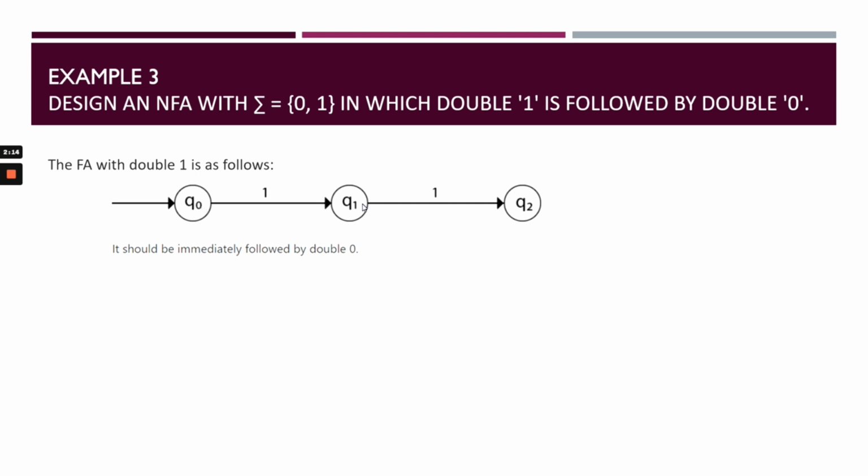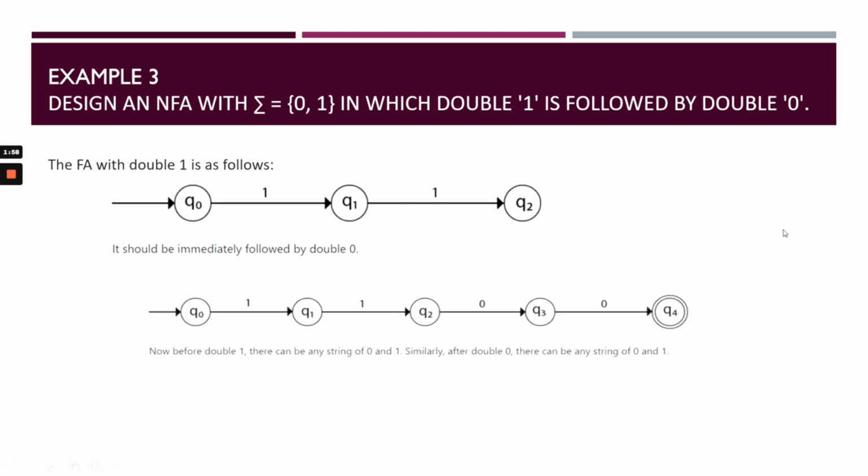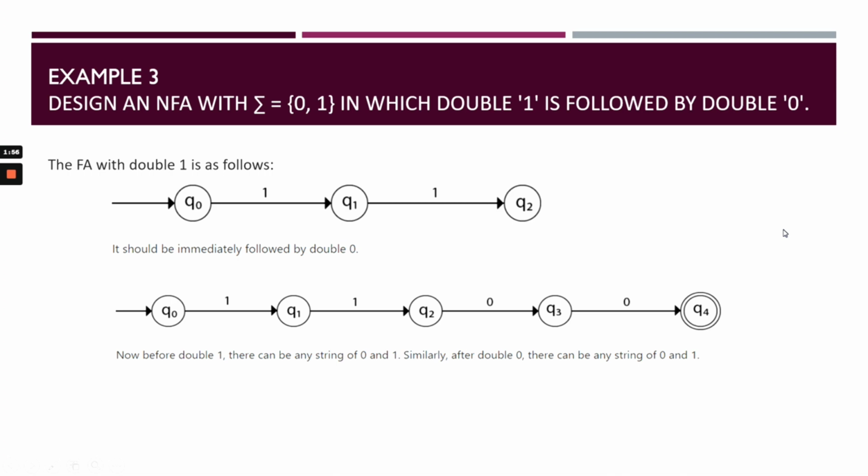So it goes to the next state when we give the input 1, and it goes to the next state again when we give the input 1. Then we need a double 0 immediately. So to go to the next state, we should give double 0. Then it will reach the final state, which is Q4. In this way, we should design the NFA.